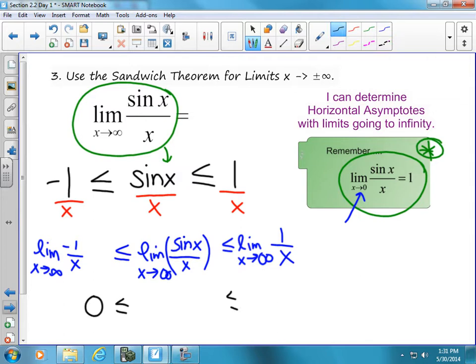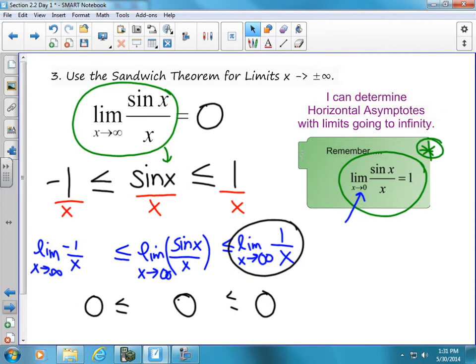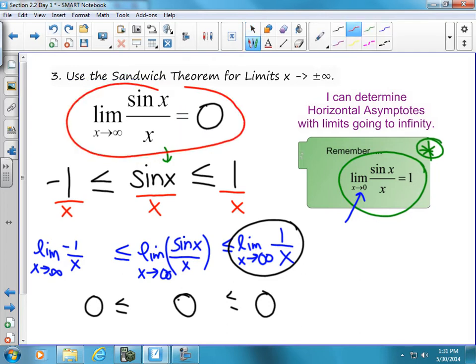The limit as x goes to infinity of 1 over x is also equal to 0. Therefore, the only place this could be is 0. So this limit up here is equal to 0. This is another equation you should memorize. You should memorize the limit as x goes to infinity, sine of x over x equals 0.